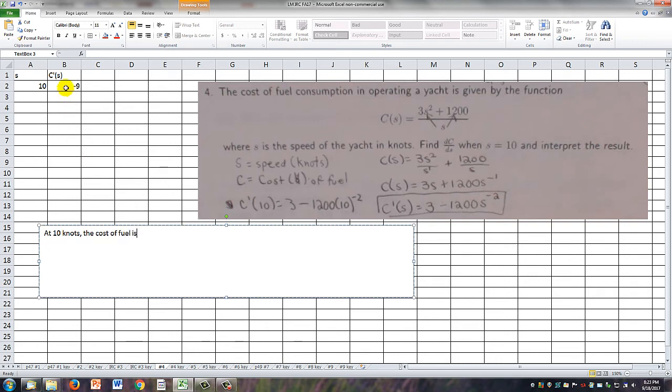This time it's a negative IRC, so the cost of fuel is decreasing at a rate of, now you take the negative off because you wrote decreasing, so it's just going to be 9, and the units are dollars, so $9 per additional knot.